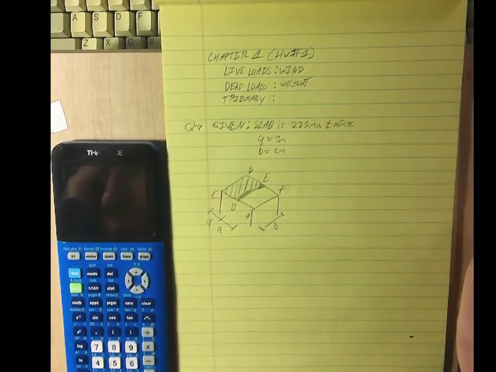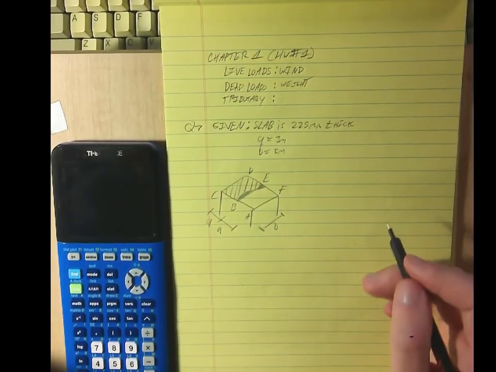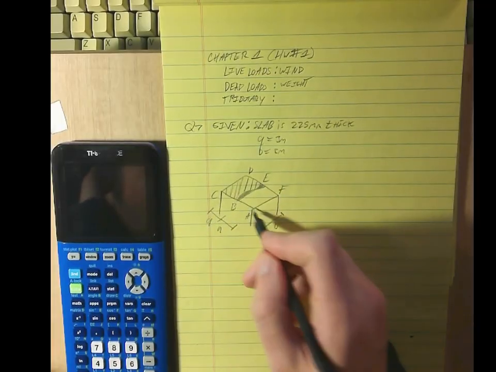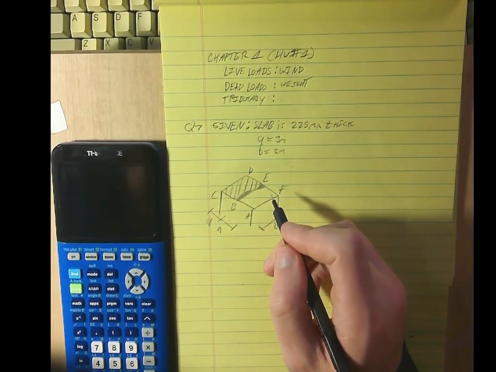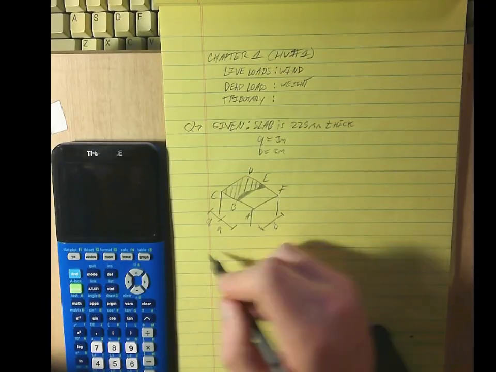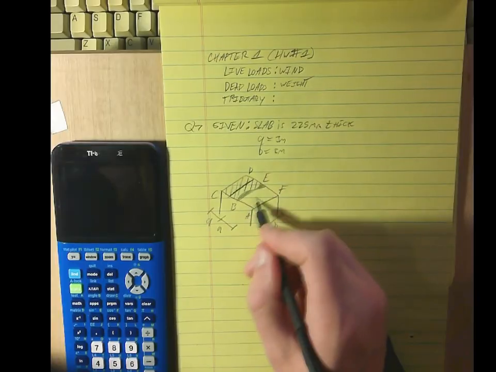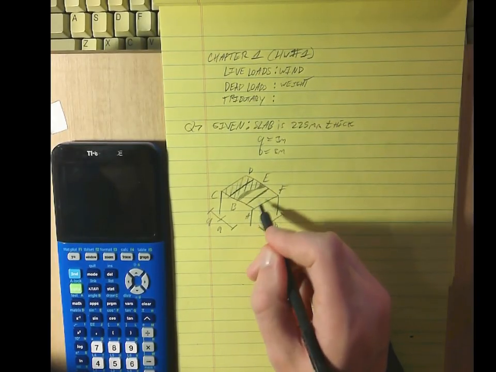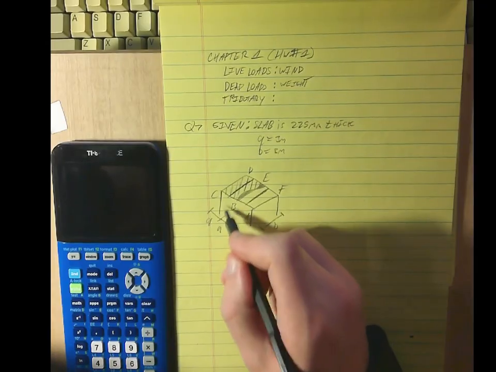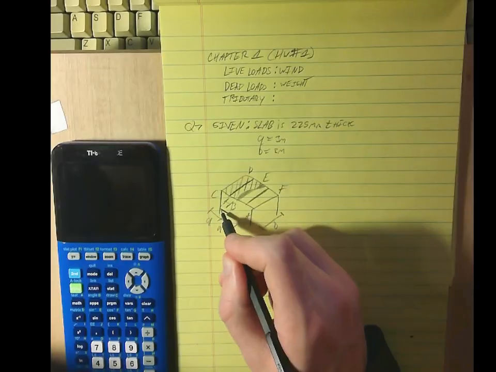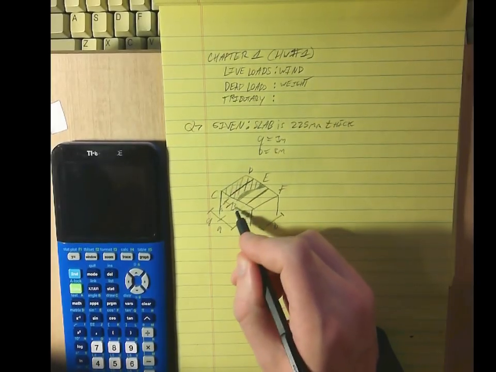And let's see, how do we calculate this? So tributary area is just going to be the area around this where the load would actually be acting upon it. So we know what A is equal to. We know that the tributary area here is going to be this half and this half right here. So this distance is going to be 1/2 A, and so is this distance here.